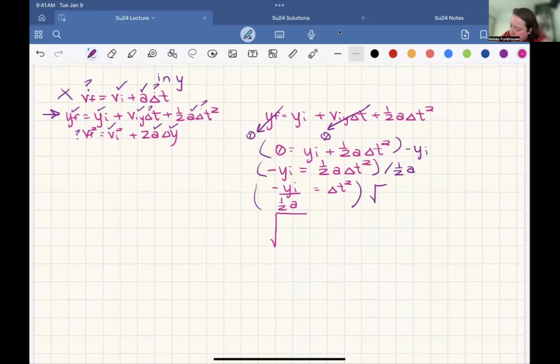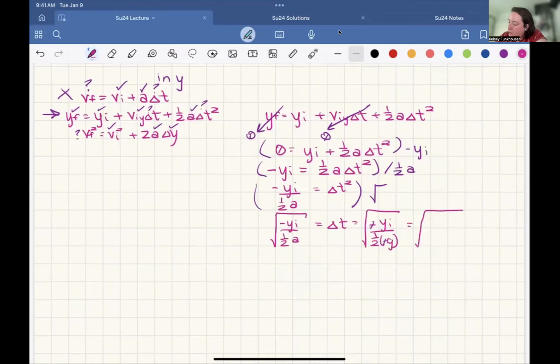And that will give us the square root of negative Y initial over 1/2 acceleration equals the time interval. And then I'm going to plug in partially. I'm going to say negative g so that we can see that, oh, our negative sign cancels out, which is good because you can't take the square root of a negative, or you can, but it's an imaginary number.